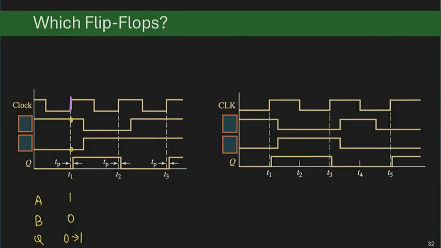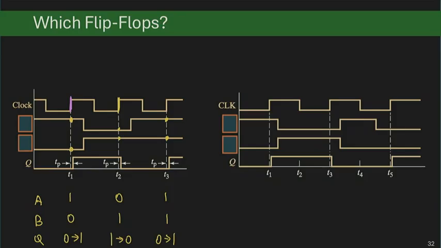At the second positive edge, the first flip-flop input is a 0, second flip-flop input is a 1, and my Q goes from 1 to 0. At the third time instance, both flip-flop inputs are 1s, and my Q goes from 0 to 1, and that can be explained as the toggle operation.